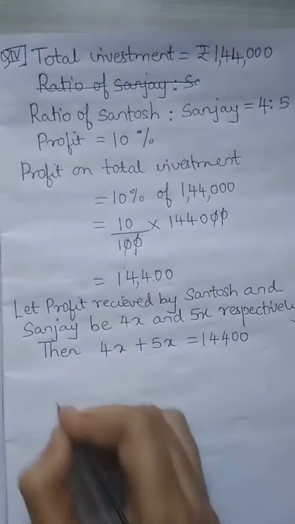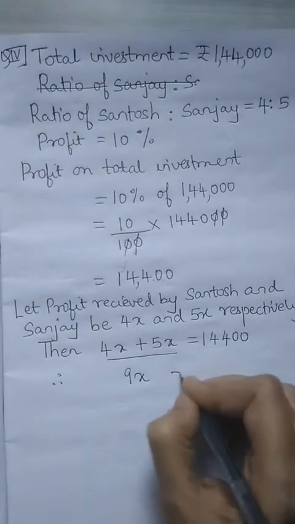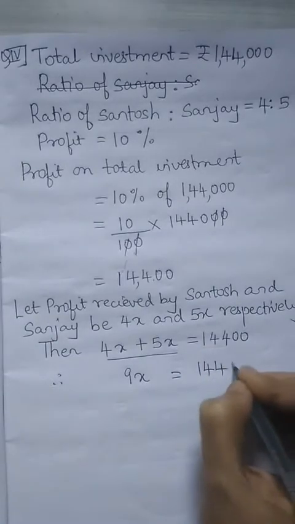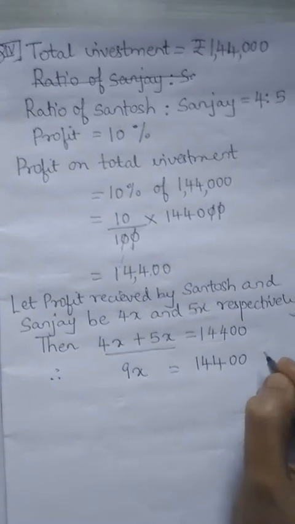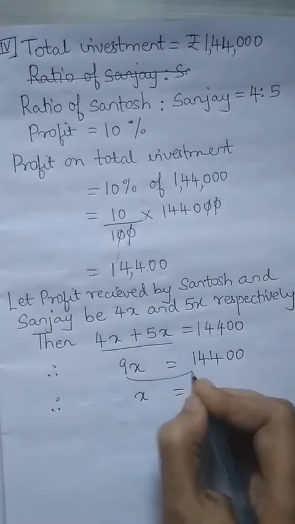14,400. Now 5x plus 4x gives 9x is equal to 14,400. You want only x on one side, so shift the 9 to the other side.